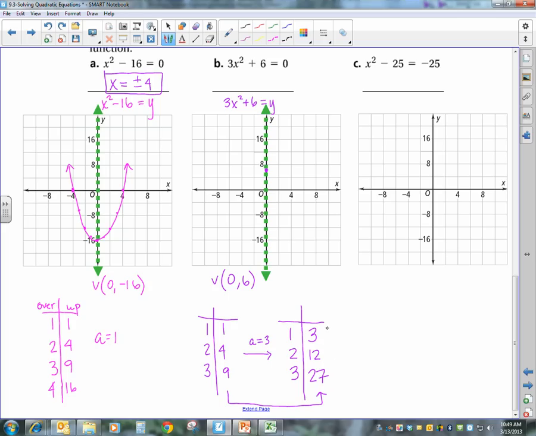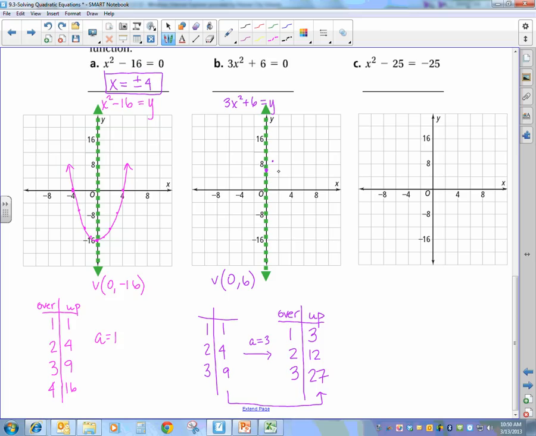So they're all positive, so that means I'm going to go over from my vertex and up from my vertex. So from my vertex, if I go over 1, and this one's by 2, so over 1 is halfway, I'm going to go up 3. 1, 2, 3.